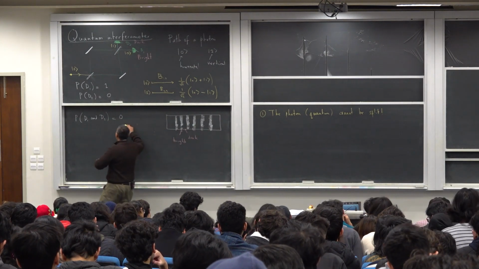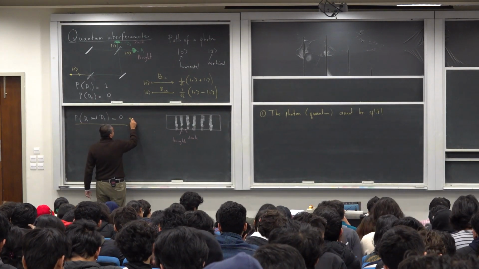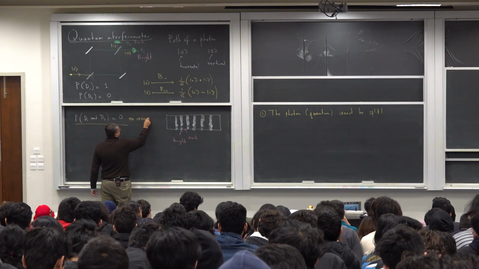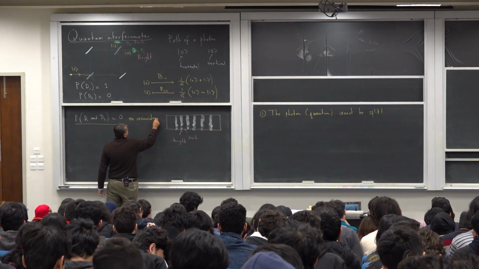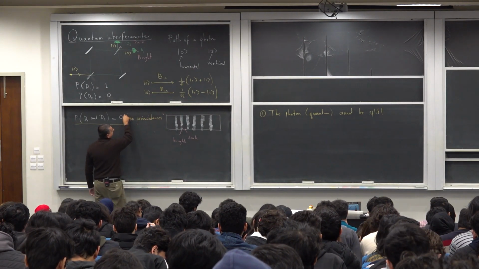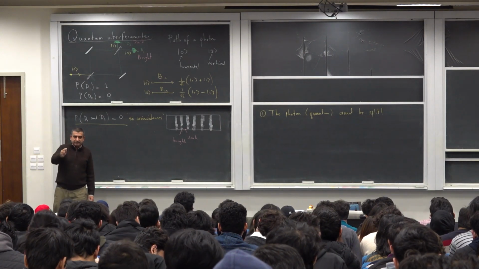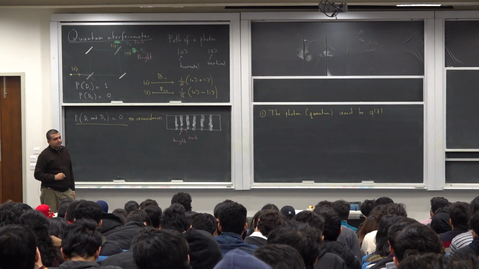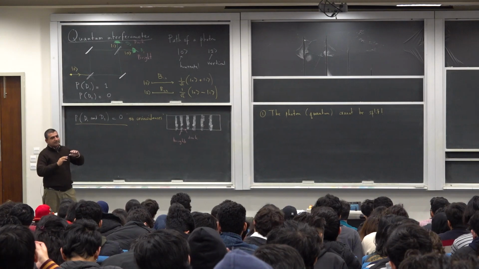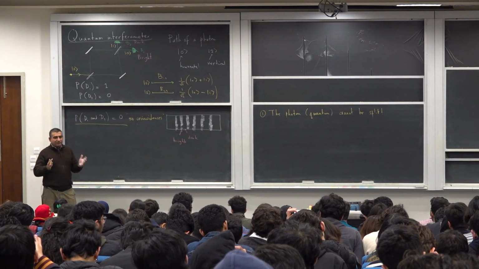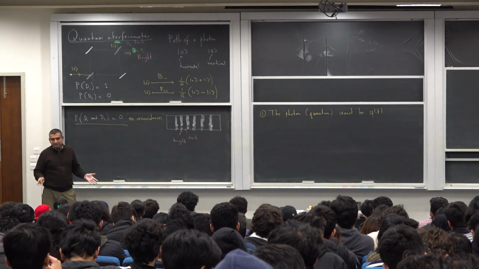Since there are no coincidences, coincidences in English language means two simultaneous detections, and they never take place. Since there are no coincidences, we gather that the photon cannot be split.